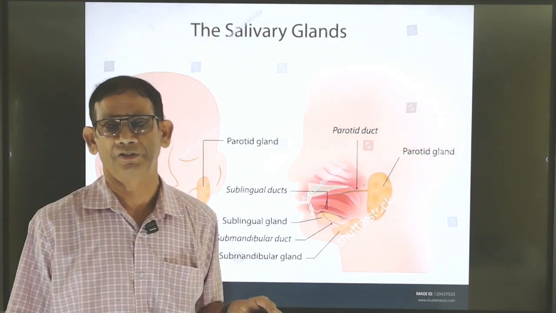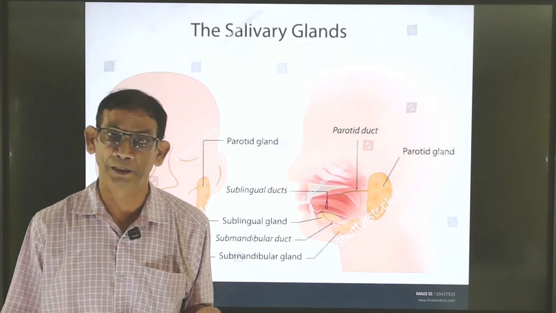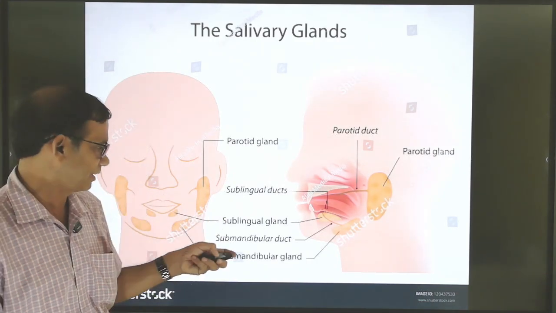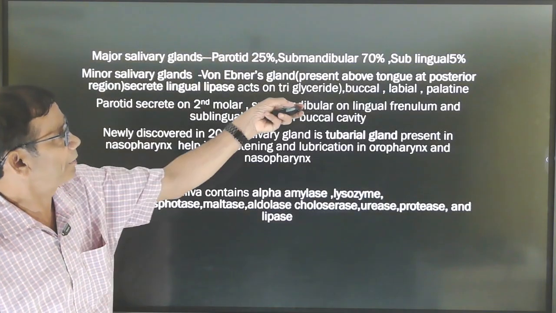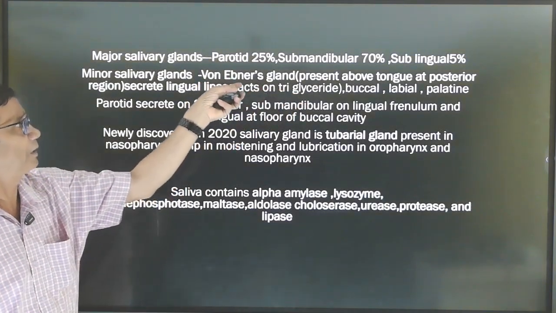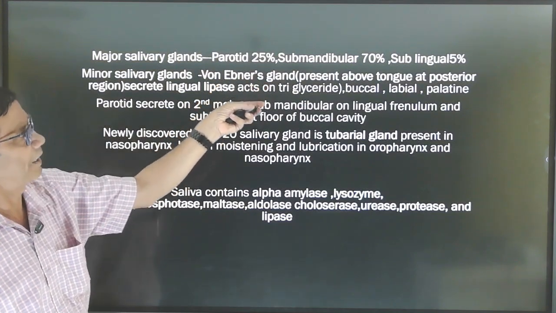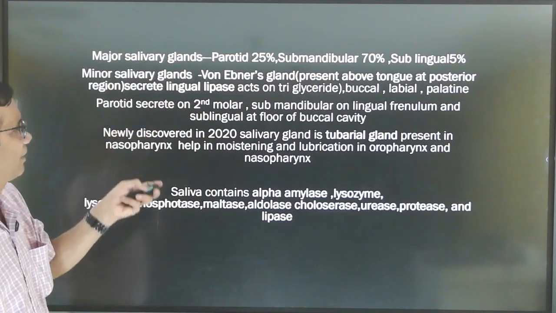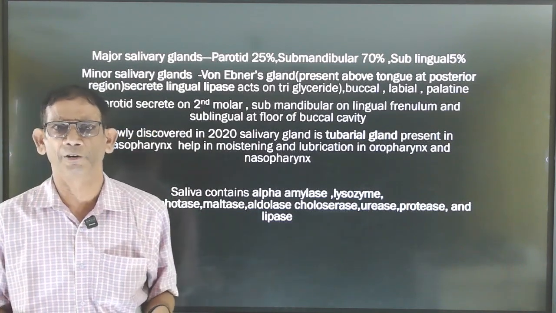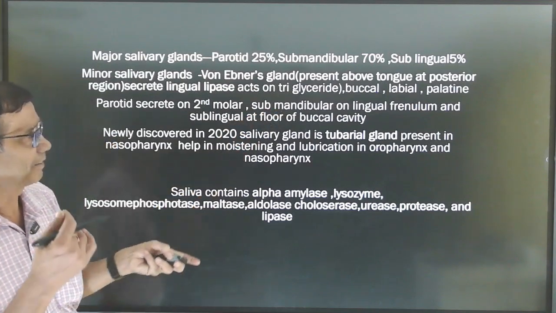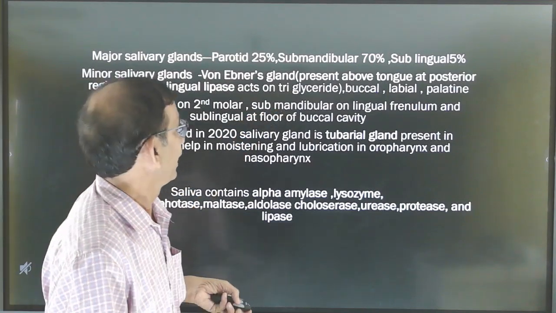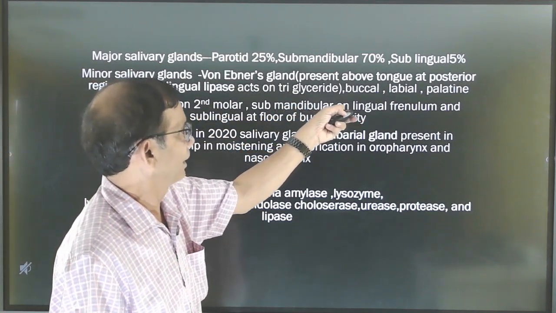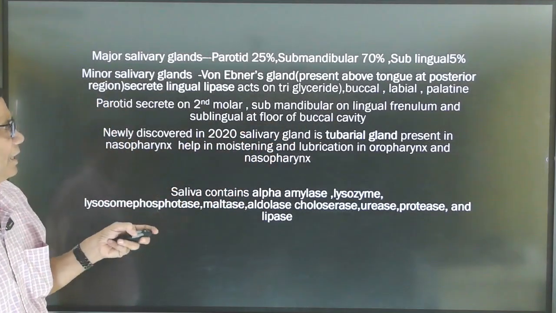Of these, most saliva is secreted by the submandibular glands, about 70%, the parotid about 25%, and the sublingual only 5%. Besides these, the minor salivary glands include von Ebner's gland, present just above the tongue, and the buccal, labial, and palatal glands.